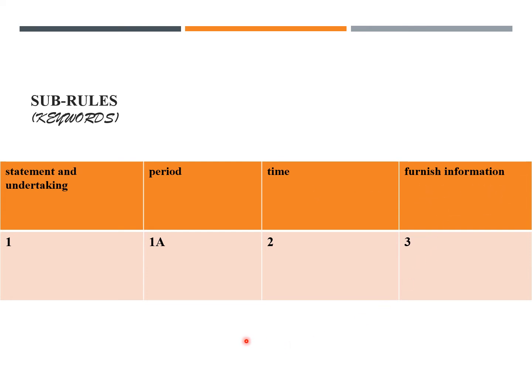These are the most important words; by just remembering these keywords we can recall the whole sub-rule, so that it will be easier for us to correlate the particular sub-rules of a rule. Fine. Okay.